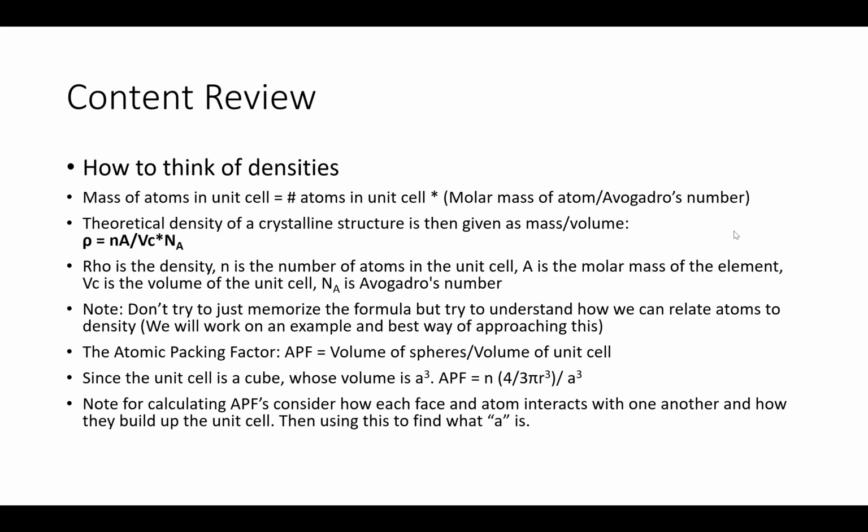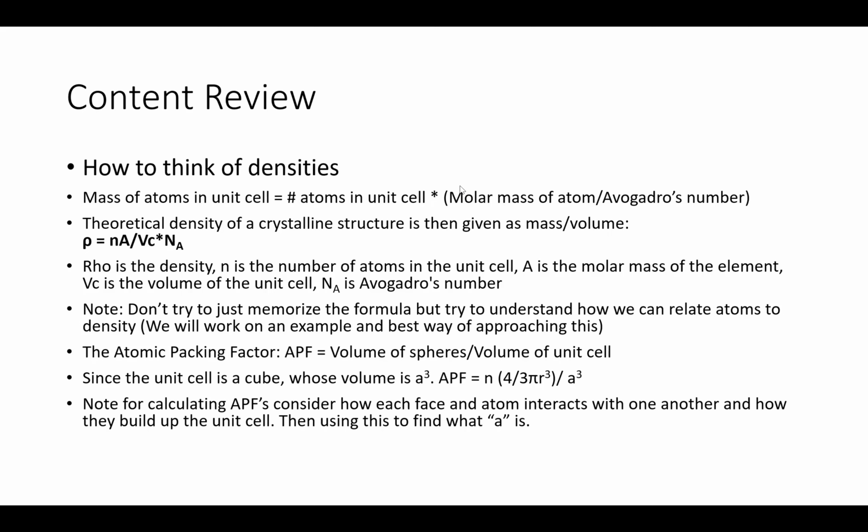I'm not sure what the units are. I don't think Avogadro's number has units. It's just a constant. If you look at this equation here, we take the number of atoms and then we take the molar mass of the atom.